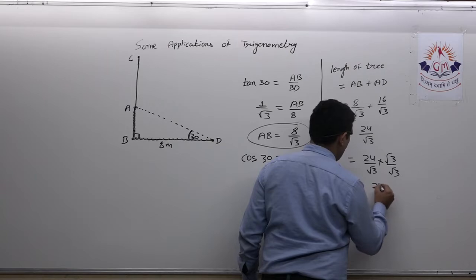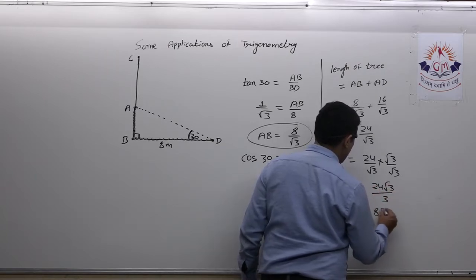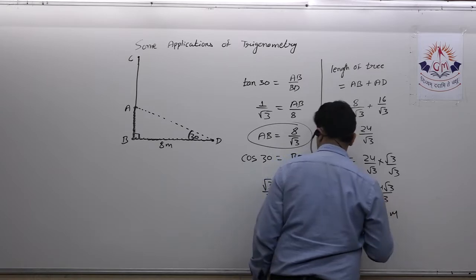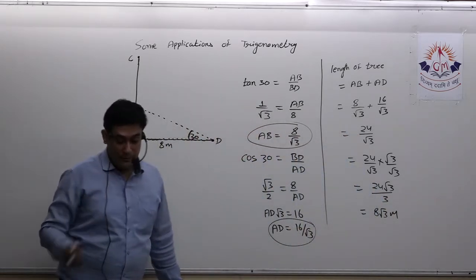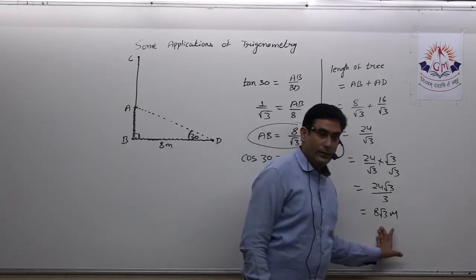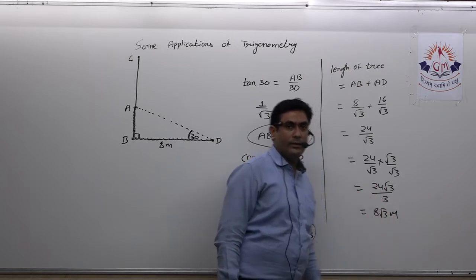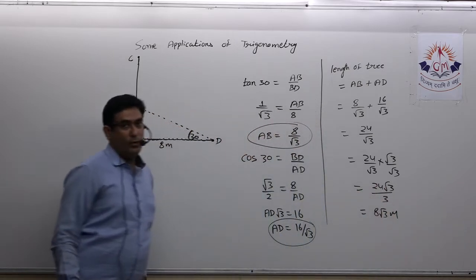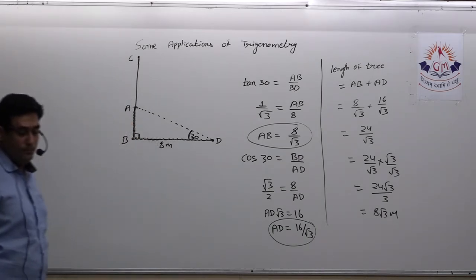And here I will get 24 root 3 upon 3. So this gives you 8 root 3 meters. Obviously it should be in meters, not in centimeters. It is also better if you find the value in decimal. For that you should know the value of root 3. It is 1.73. You can also check, sometimes it is given in the questions also.